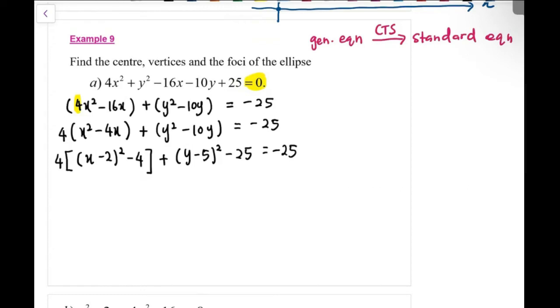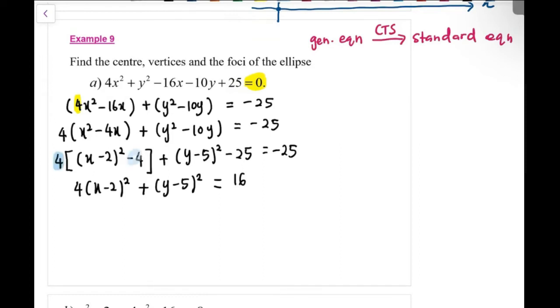Okay. Next, kembangkan balik. All constant, we bring it to our right side. So we have 4 times x minus 2 squared plus y minus 5 squared equal to, so all constant, I bring it to right side. That's how we obtain 16. Hati-hati awak kena kembangkan ni. Kejap, saya highlight.